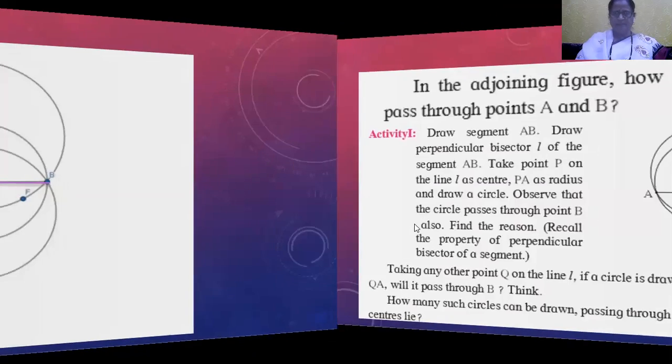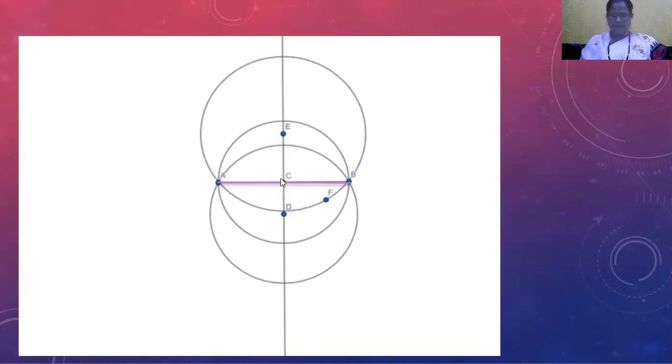Here we are seeing that I have taken points A and B, and for the first circle I have drawn the center point C. You see the first circle passes through A and B, then the second circle, that has center point O, also passes through points A and B, and for the third circle I have taken center point E, which also passes through A and B. Means from this you see that many circles can be drawn from 2 points.